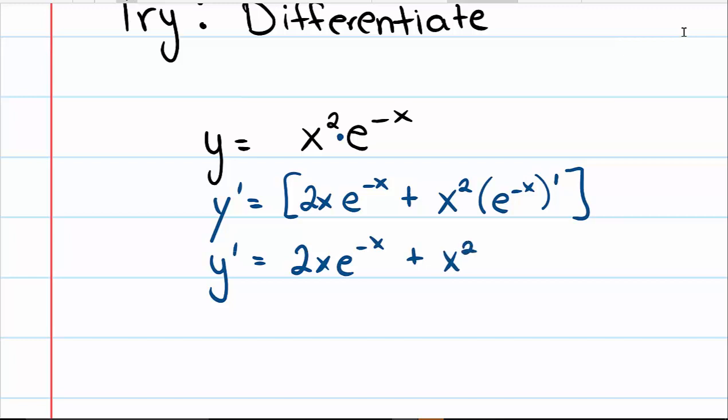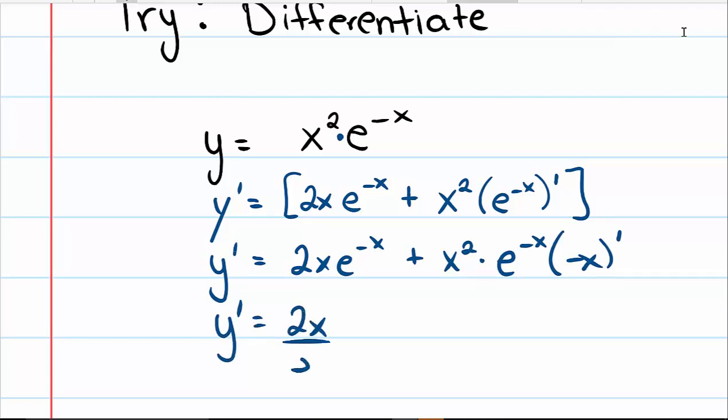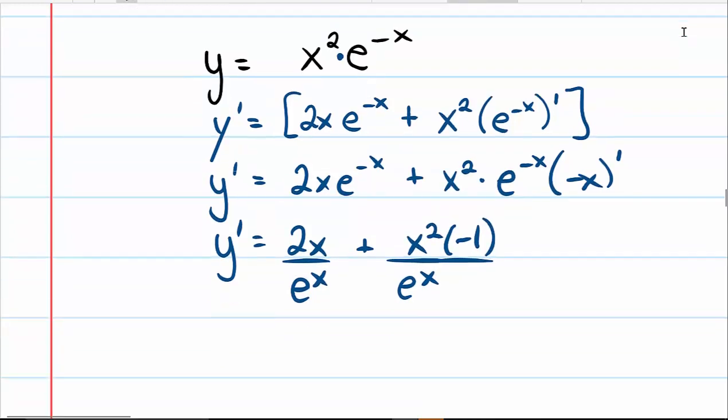Now the derivative of e to the negative x is just going to be e to the negative x times the derivative of negative x, the derivative of the exponent. So this is y prime is equal to 2x over e to the x plus x squared over e to the x times a negative 1.